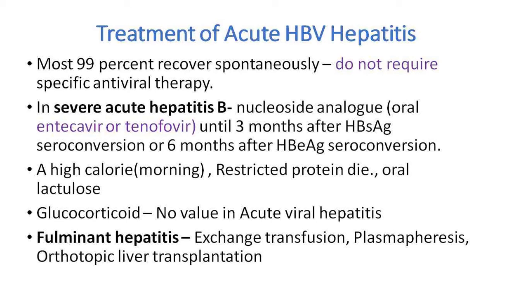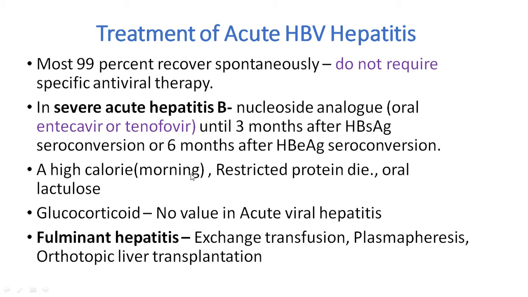How do you treat? Mostly 99% recover spontaneously. They do not require any specific antiviral, but antivirals are required in severe acute hepatitis B, for example if HBsAg is still positive even after 6 months of infection. Then you give oral entecavir or tenofovir, which are oral antiviral drugs.